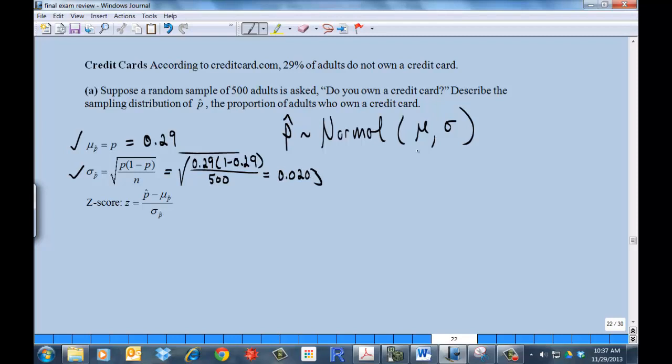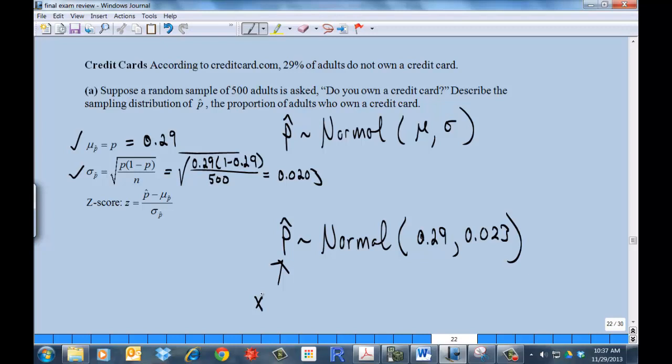Okay? So now we can say that p hat, we can go back and fill all this information in here. P hat follows a normal distribution with a mean of 0.29 and a standard deviation of 0.0203. And remember, this is a random variable just like x.